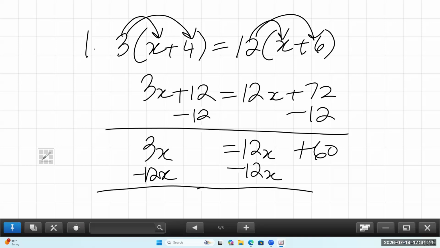Give me 1 second. So if we subtract 12x from both sides, we get negative 9x is equal to 60. Then you divide both sides by negative 9.